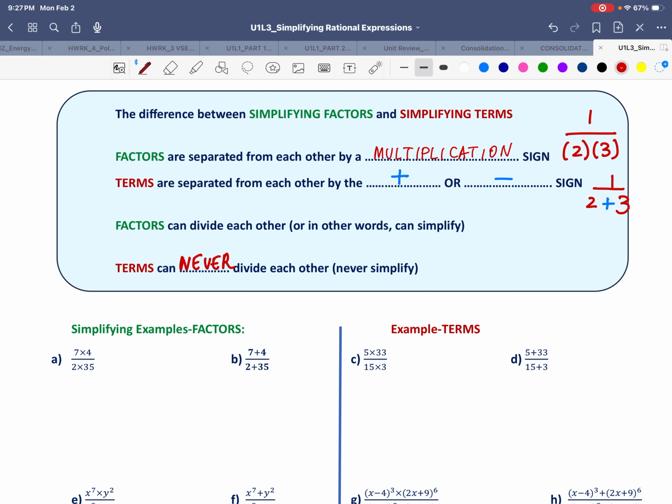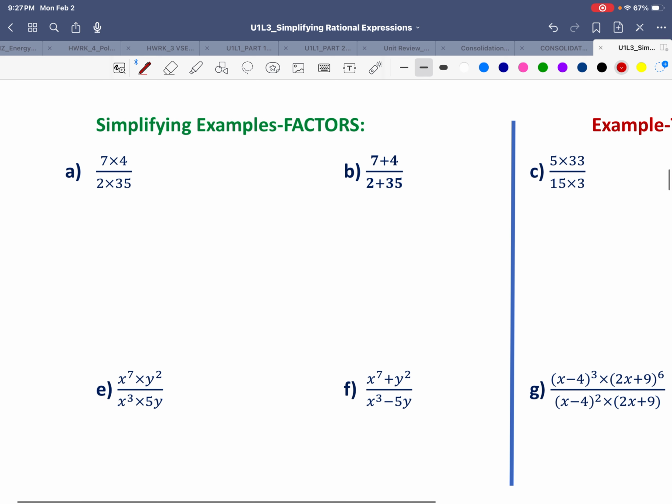So let's take a look at some examples. If we have, for example, 7 times 4 over 2 times 35, then 7 and 4 are factors in the numerator, and 2 and 35 are factors in the denominator. As you can see in here, 7 and 35 have a common factor of 7.